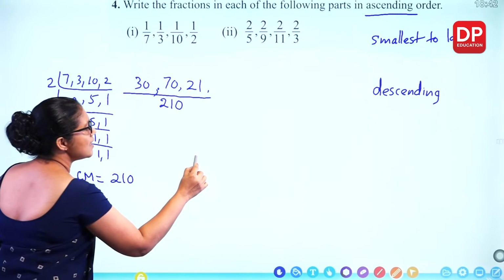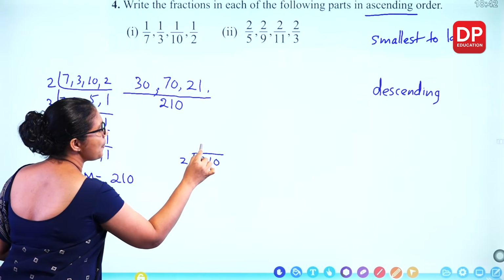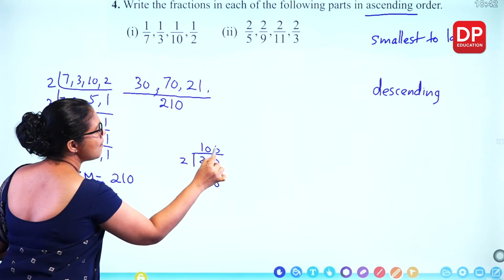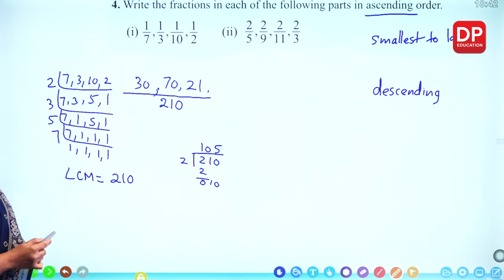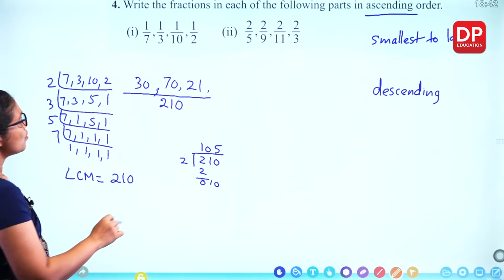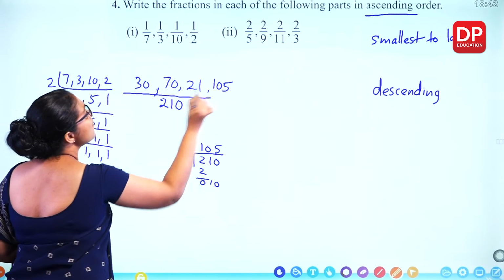So you can check, you divide and see how many 2's are there. 1, and for 10 you get 5 here. When you multiply 105 by 2, you get 210. So you multiplied 105 by 2.